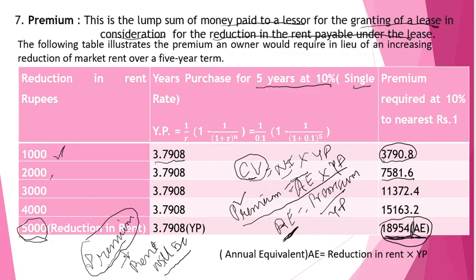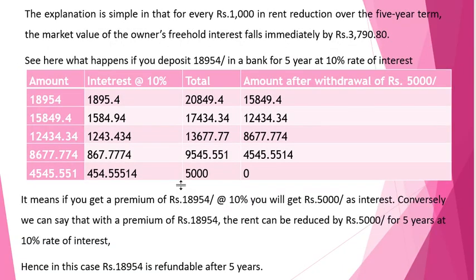This is the premium which you have to pay, and the annual equivalent means you require a rent reduction of rupees 5000. So the explanation is simple: for every 1000 reduction in rent over the 5-year term, you require to pay 3790.8, and the market value of the owner's freehold interest immediately falls by 3790.8.